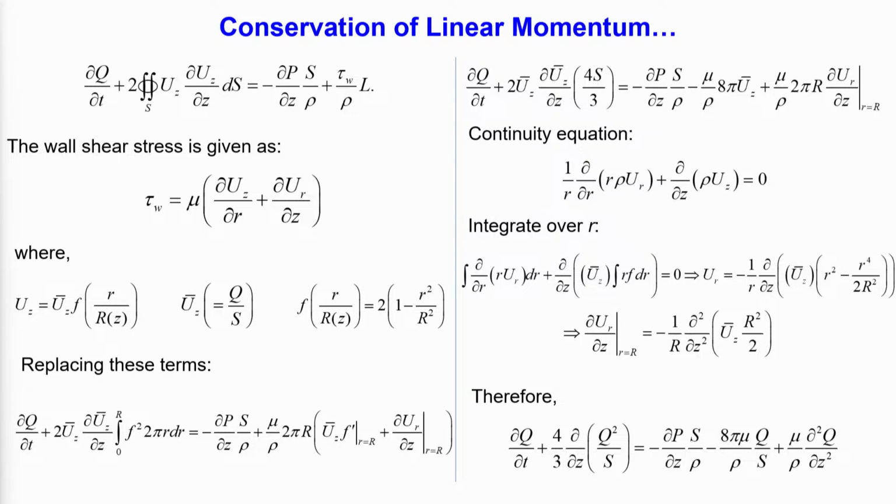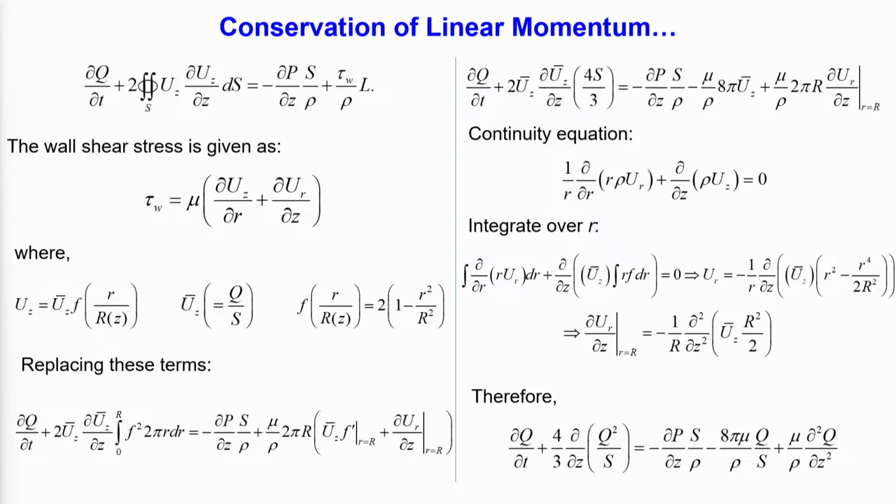So, now, we are continuing from the previous slide. Your objective is that the wall shear stress you have to calculate, and this is where you require the velocity profile. So, to get the velocity profile, let us assume that u by u average, that is the velocity along z divided by the average velocity along z, is a function of your local radial coordinate r.